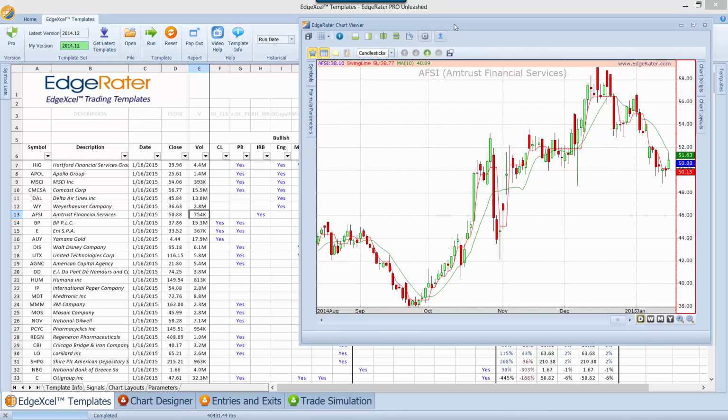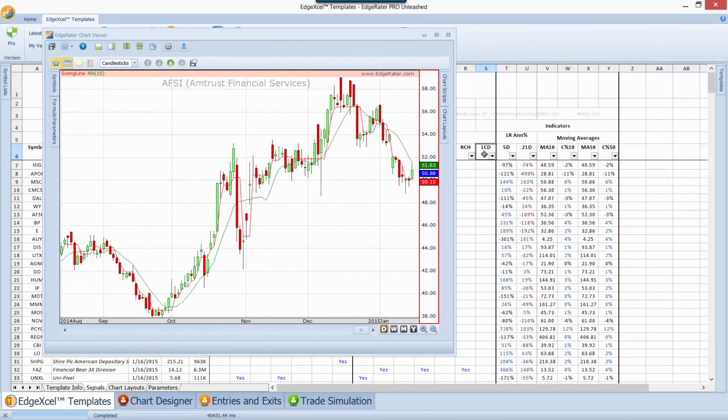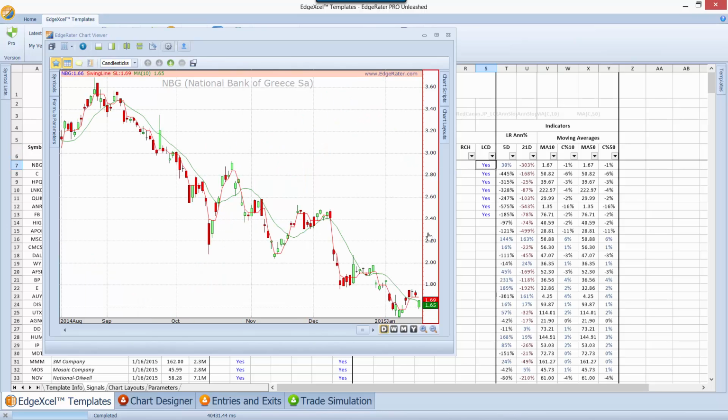And on the other side of that, for the low close doji, let's bring that up. What that is: you've got a doji bar, and then the close of the current bar is lower than the low of the doji bar, and the doji bar must have been within 3 or 4 bars.